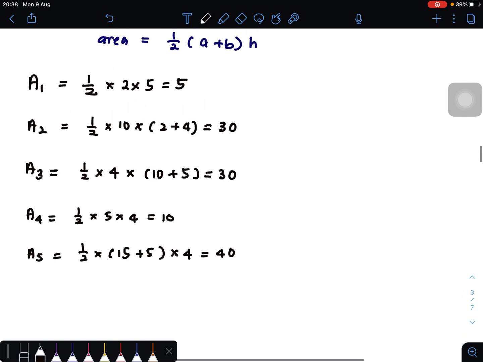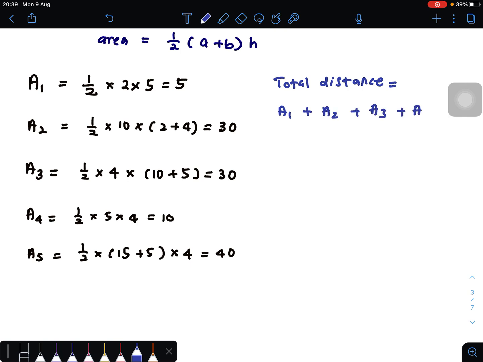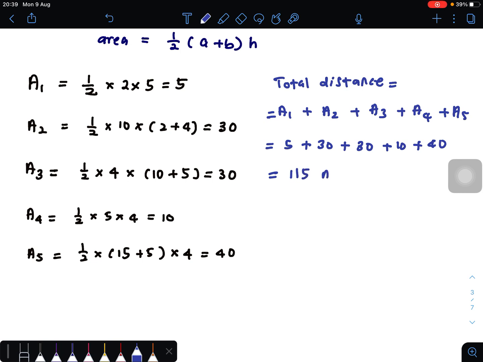So for total distance, you just add everything. A1 plus A2 plus A3 plus A4 plus A5, which is 5 plus 30 plus 30 plus 10 plus 40, and then you will get total distance equal to 115 meter.